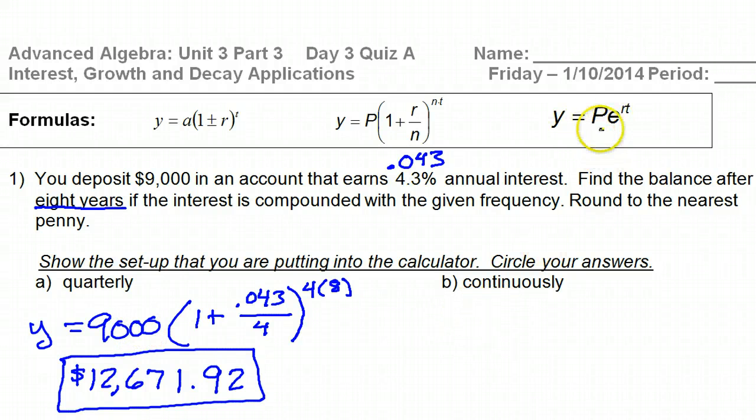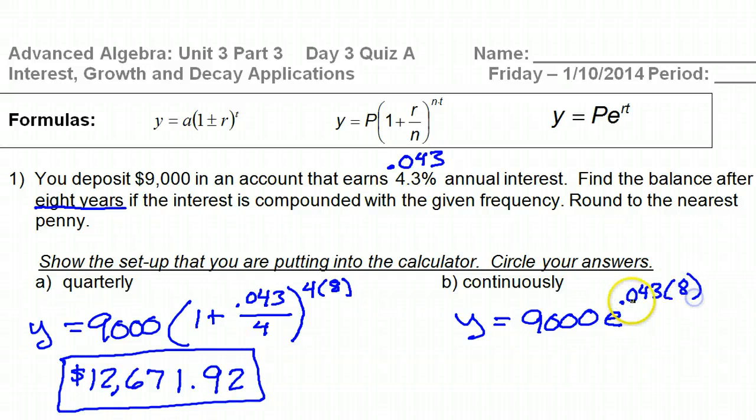Continuously, we use the PERT formula for that. So that's going to be Y equals 9,000 is the P. E is just E. It's a constant, approximately 2.72. The rate we saw was 0.043, times the time, 8 years.